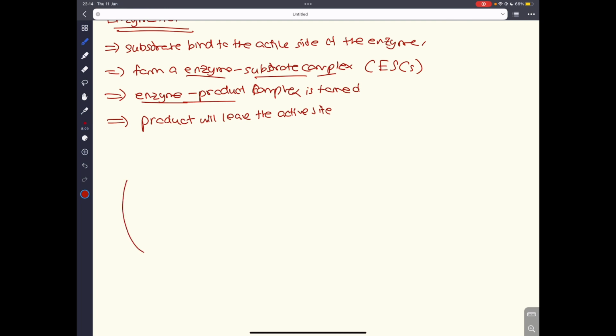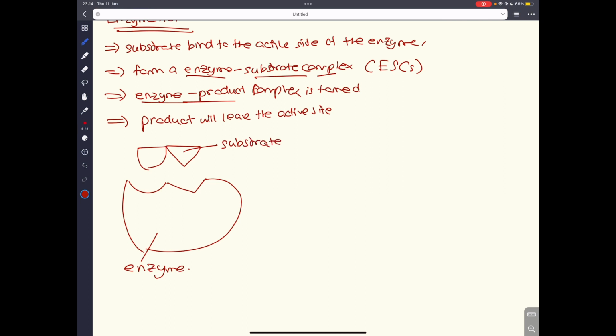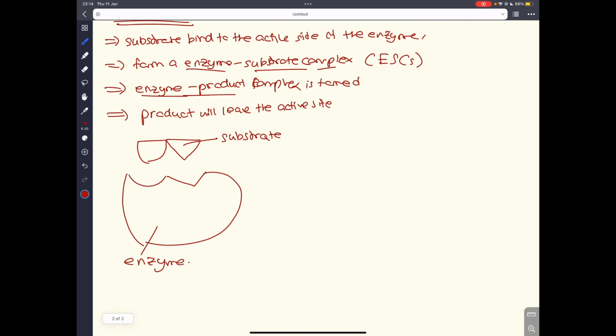So let's say that this right here is our enzyme, and this is our substrate, or basically the molecule that we are going to be breaking down, right? So you can see that first you have to know where the active site on the enzyme is.